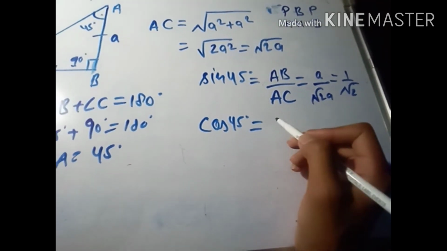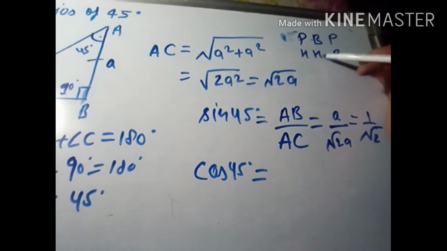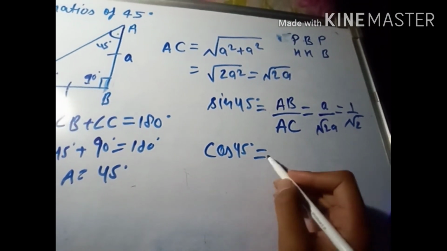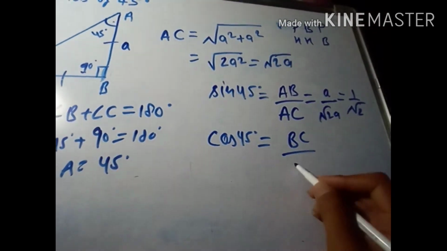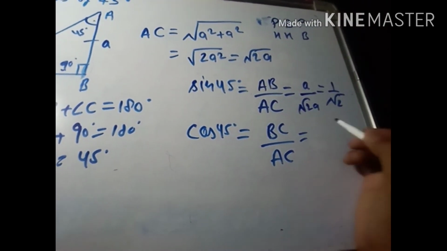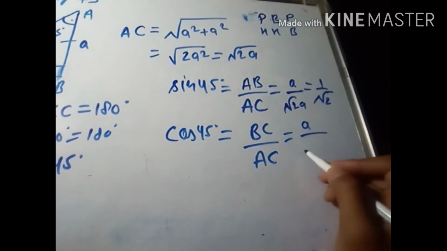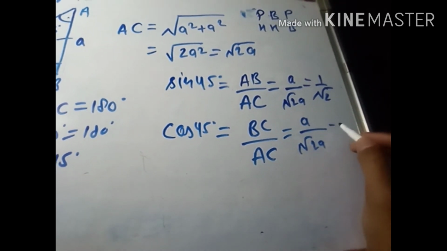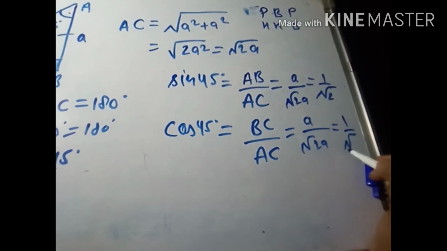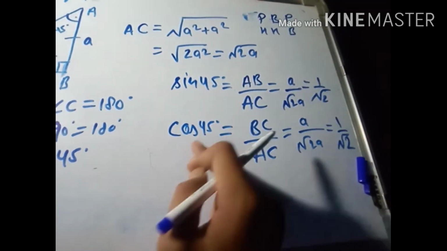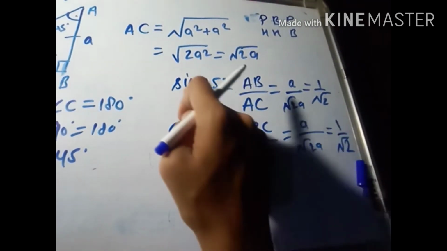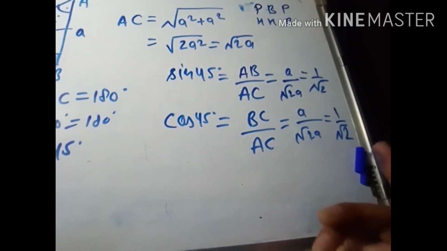Cos 45 degree is equal to base upon hypotenuse. Base is BC and hypotenuse is again AC. So this gives A upon root 2 A, which is equal to 1 upon root 2. Means for 45 degree, cos 45 and sin 45 are both equal.